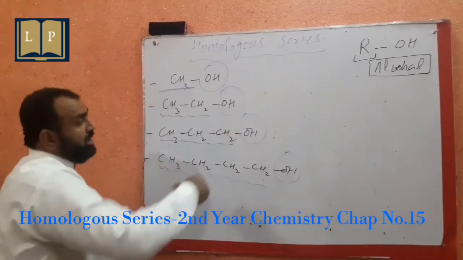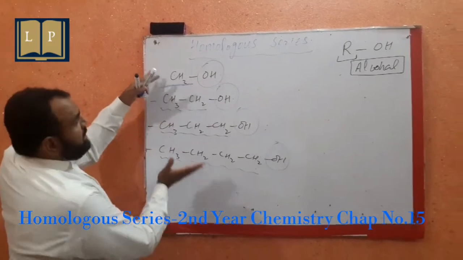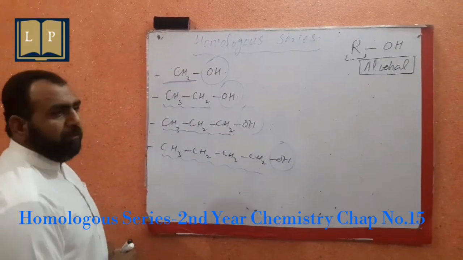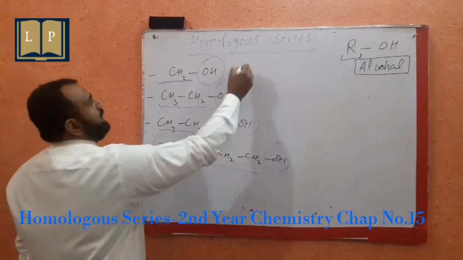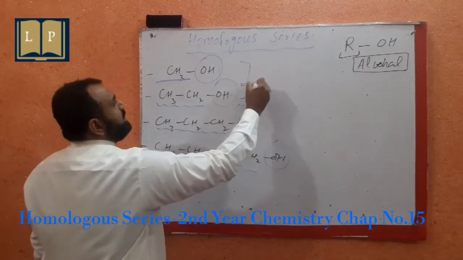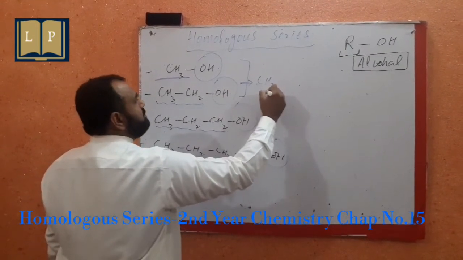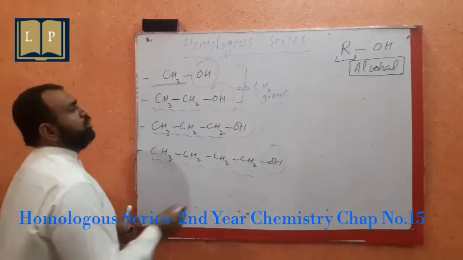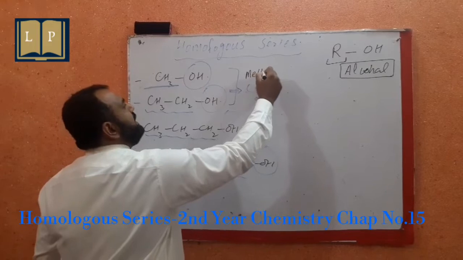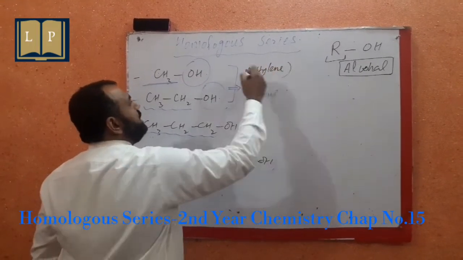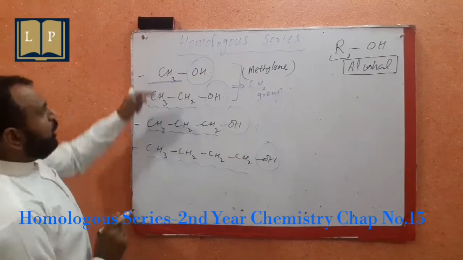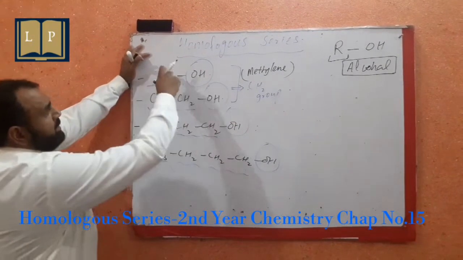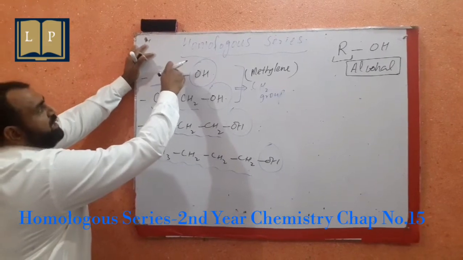If you notice all these, each compound differs from the other by a specific portion, and that specific portion is a CH2 unit or a CH2 group. This CH2 unit or group is termed the methylene group.